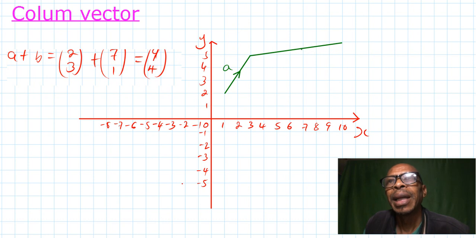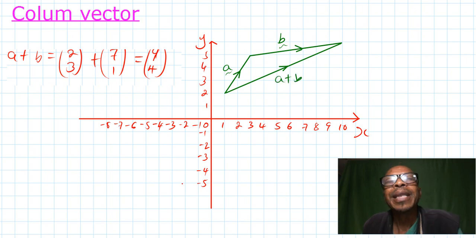So that is our vector B. When you add the two of them, this is A plus B, the combination of vector A plus B.